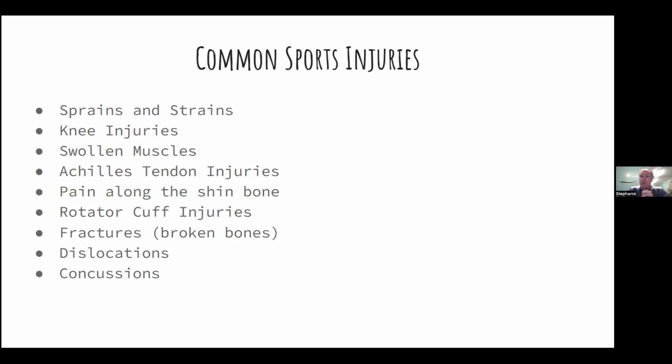Kind of an overuse injury. Rotator cuff is in your shoulder, usually a throwing kind of motion injury. Broken bones. A dislocation is just when the joint goes out of place. Along the same lines, something called a subluxation is where it goes out of place, but it comes back in on its own.